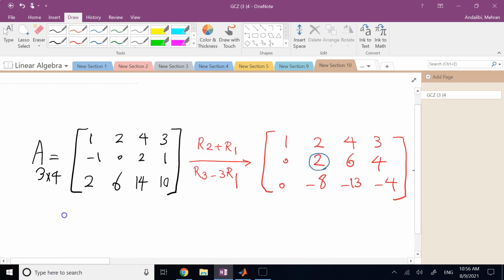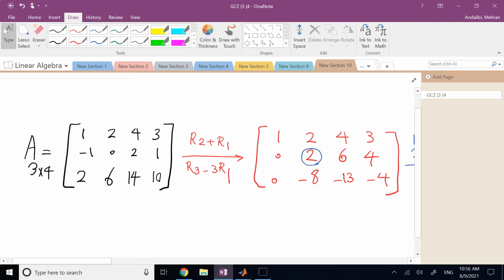So now take a look here. I'll try to do what? Row 2 plus row 1, fine. Now row 3 minus 2 times row 1. Let's see what we get. Row 1 stays, row 2 stays, good.